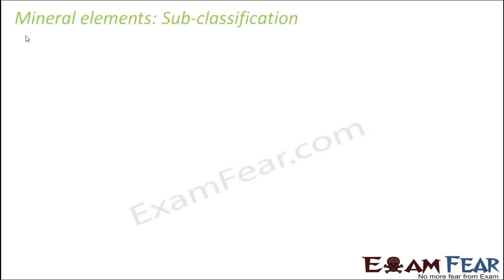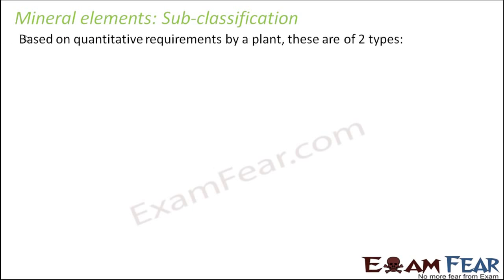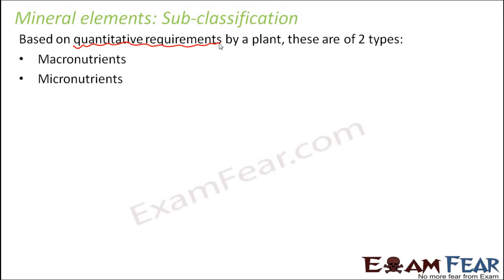Now we will look at the sub-classification of mineral elements. There is another classification based on the quantitative requirement by a plant, that is how much of a particular mineral element is required by a plant, whether in very large quantities or in small quantities. Based on that, the mineral elements are of two types: macronutrients and micronutrients.